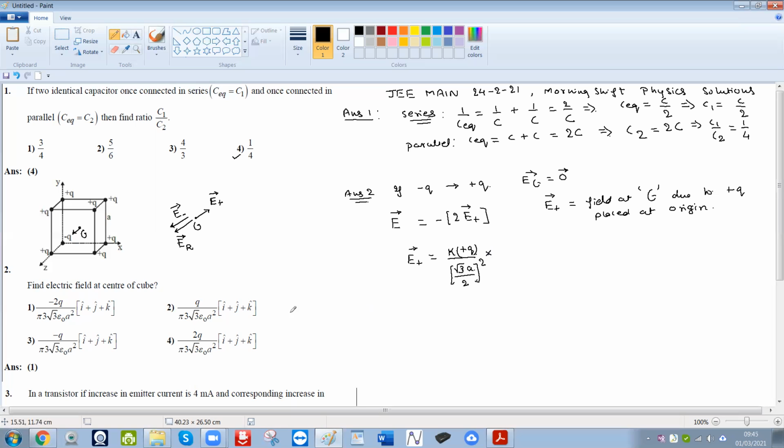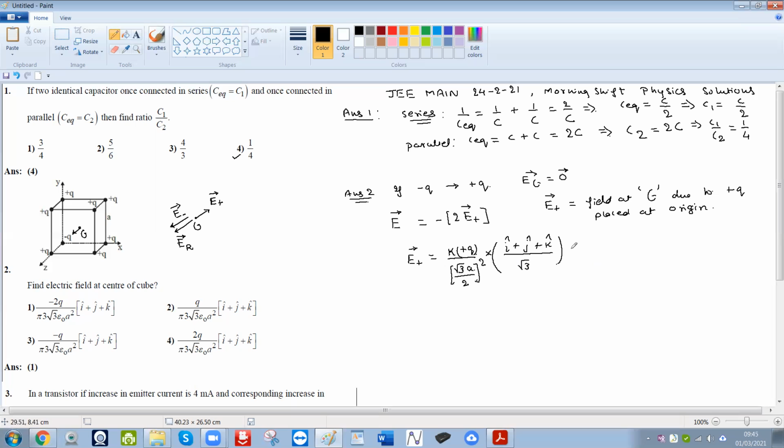Multiply this by a unit vector directed from O to G to give direction of E positive. So that can be written as i plus j plus k, converting it into unit vector divided by magnitude of this vector.